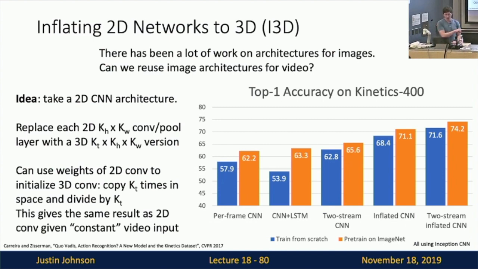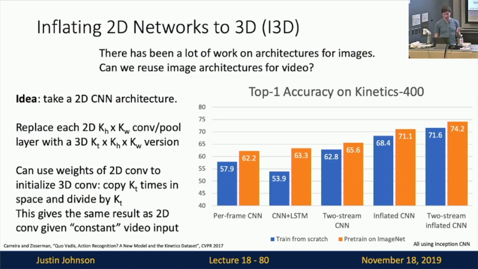We can see that moving from a per frame model to this CNN LSTM model to this two-stream CNN gives us steady improvements. But as we move from the two-stream CNN to an inflated CNN, that does much better. So this gives us some empirical results that this idea of taking 2D ConvNets and inflating them in time is a pretty good way to generate good 3D CNN architectures.